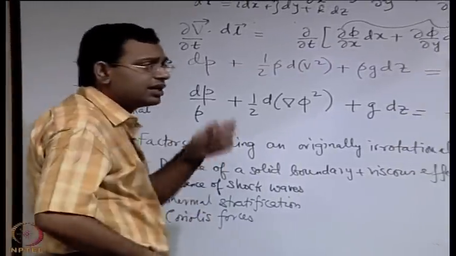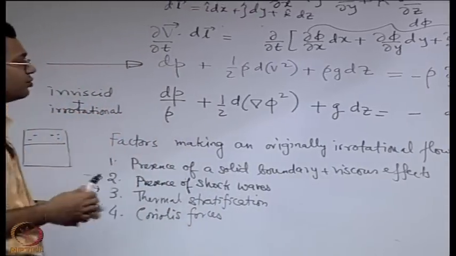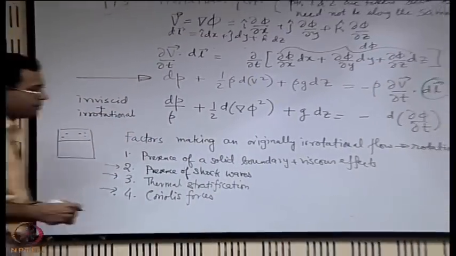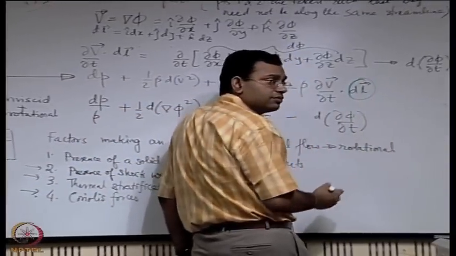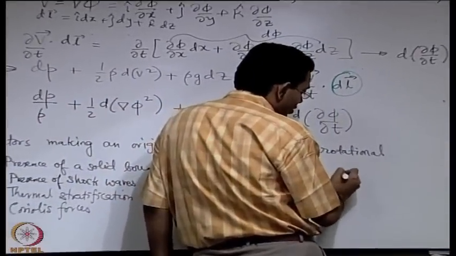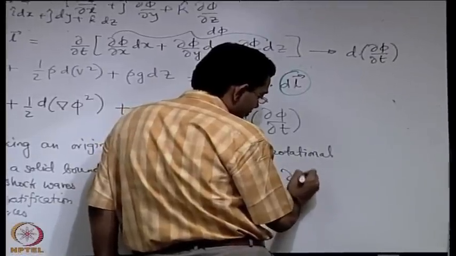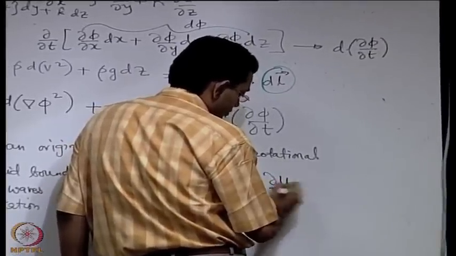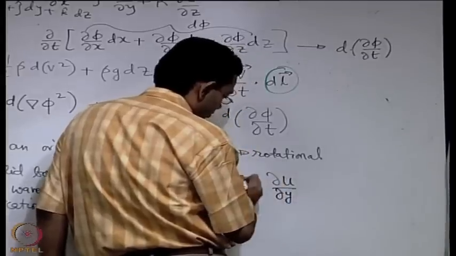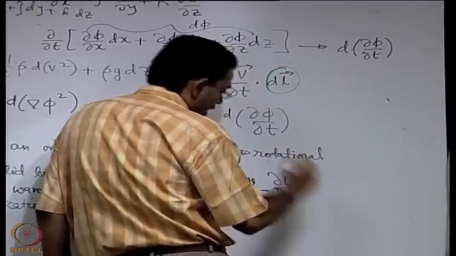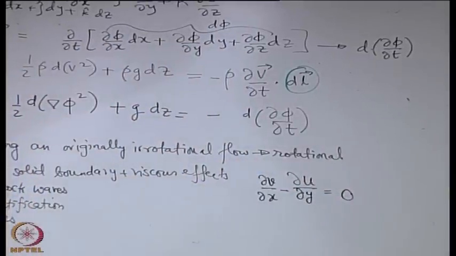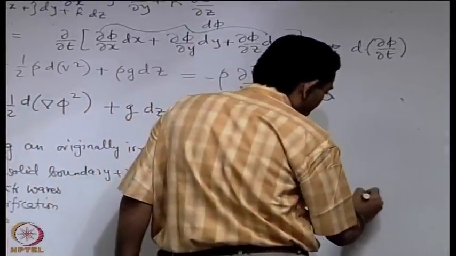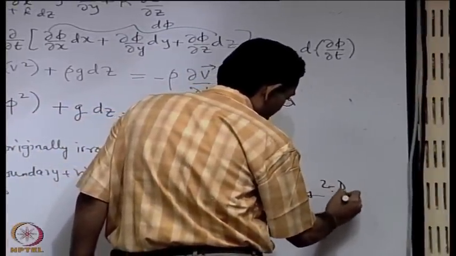If you look into this mathematically, you may lead to nowhere. Let us consider a 2-dimensional flow. If you want irrotationality, then you must have the angular velocity in the plane equal to 0, that is irrotationality, 2-dimensional irrotationality.